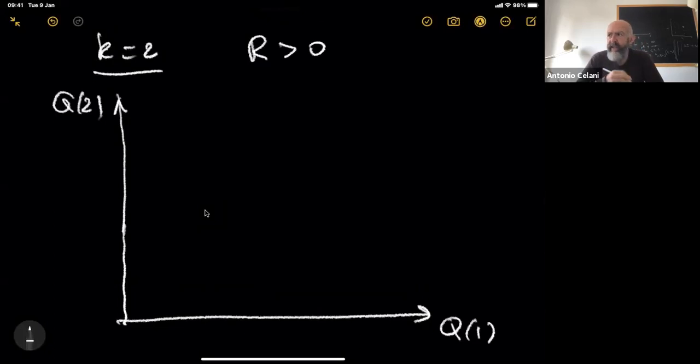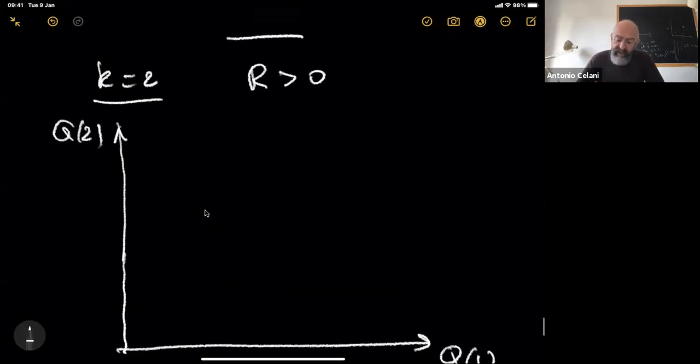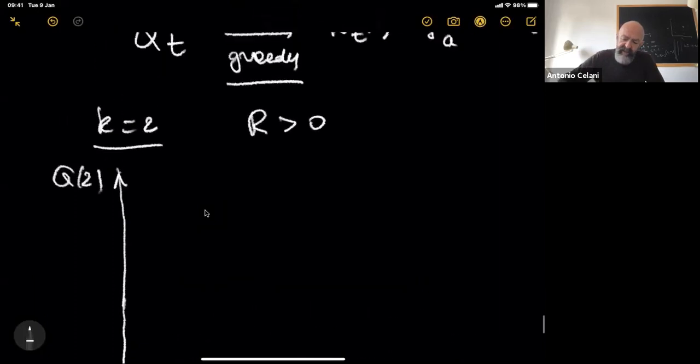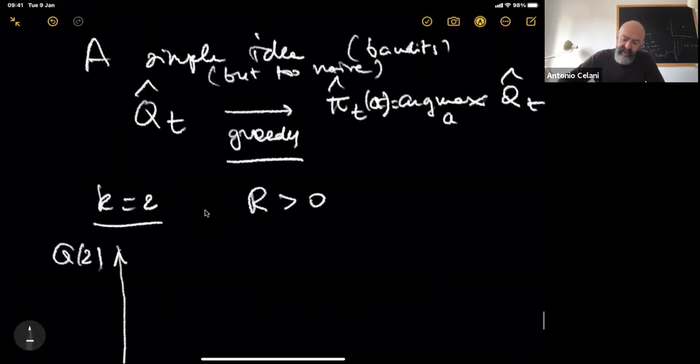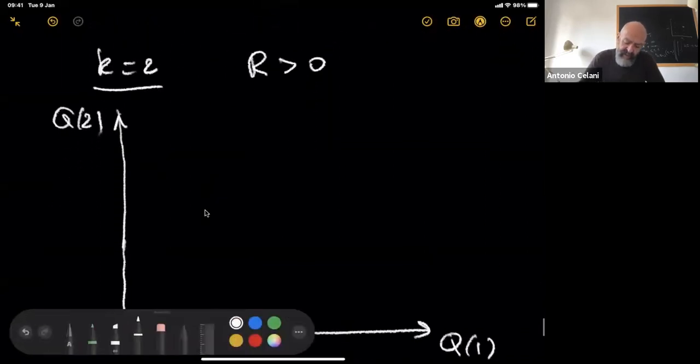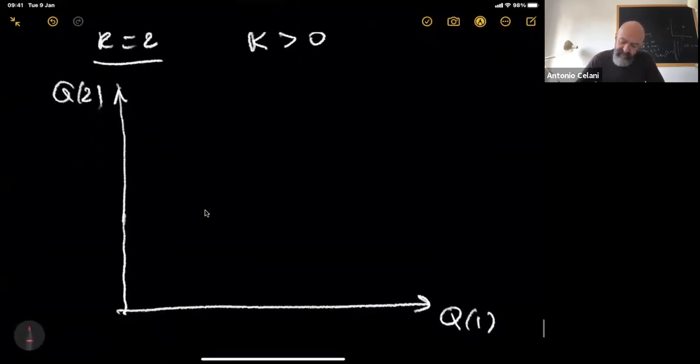And let's assume that the true values, remember here we are not Bayesian, there really are true values for the bandits. The true averages are somewhere here, let's say.